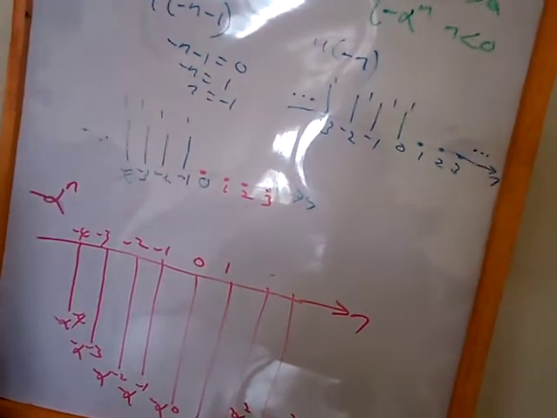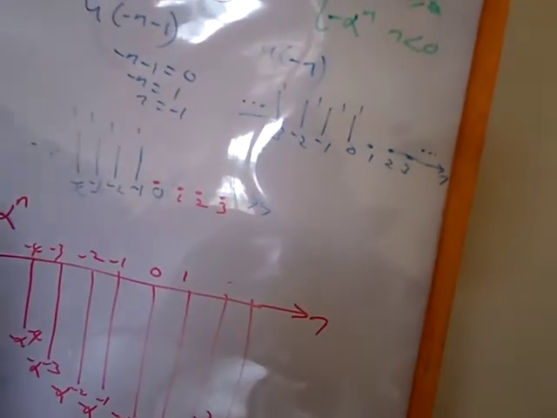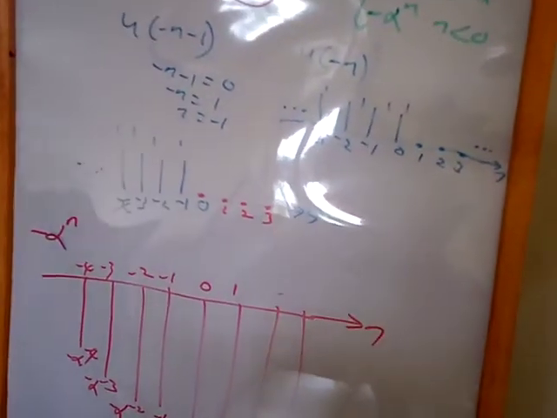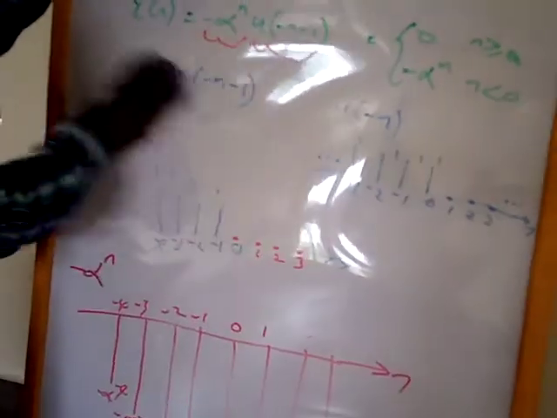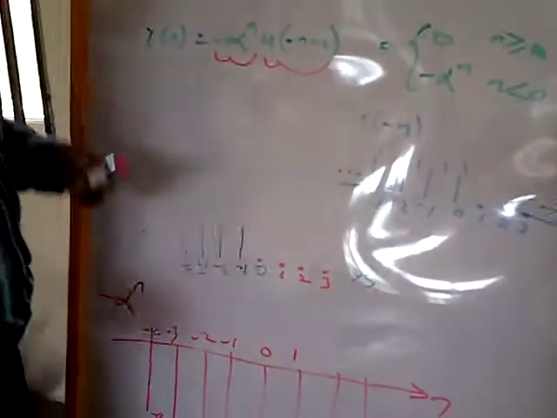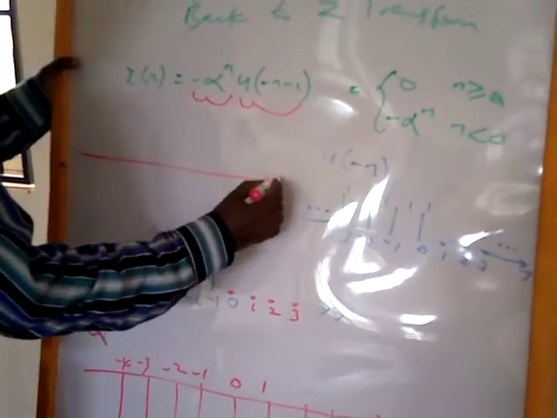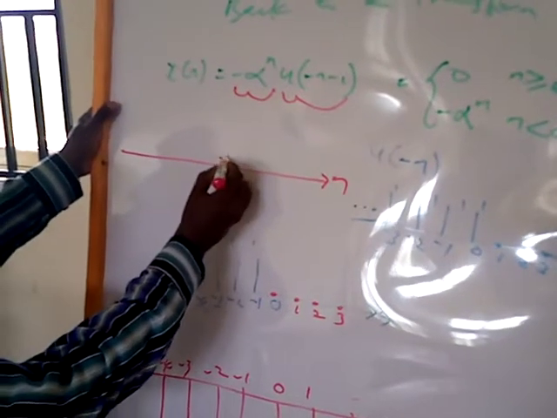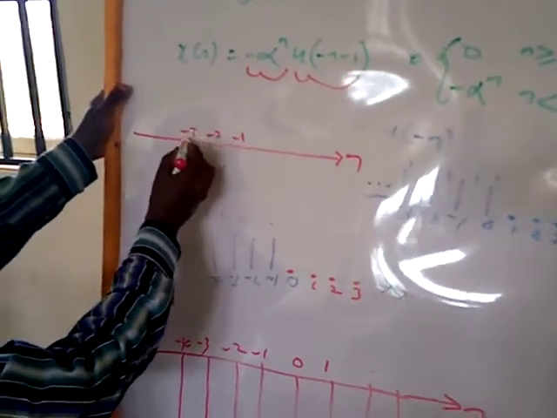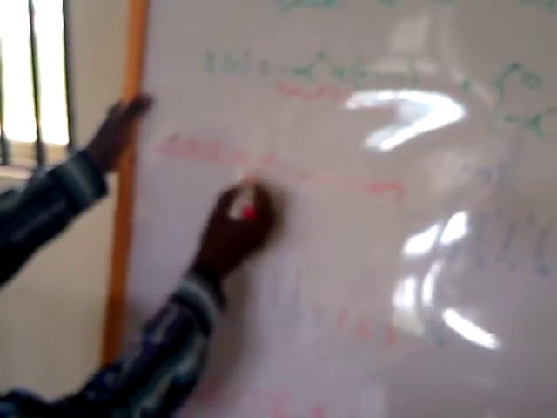That is why the overall signal will now be like this. Let me draw it on top here. n at minus 1, minus 2, minus 3, minus 4, minus 5.